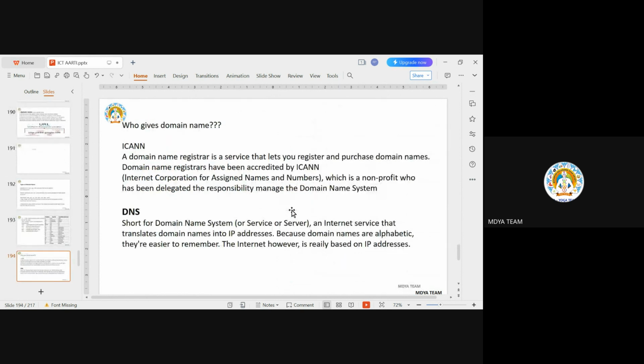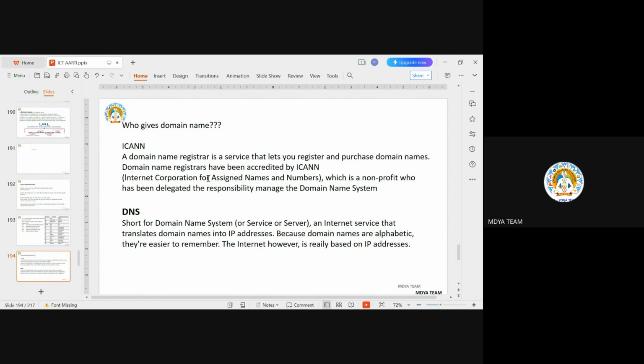Who gives the domain name? As I told you, someone gives a domain name to that IP address. ICANN is who gives the domain name to that IP address. A domain name registrar is a service that lets you register and purchase your own domain name.